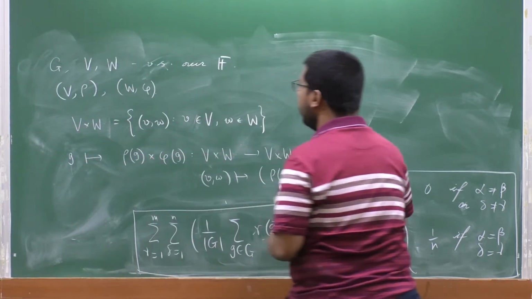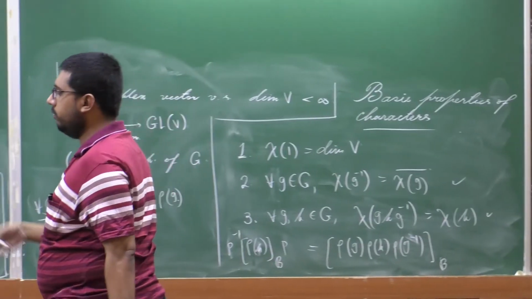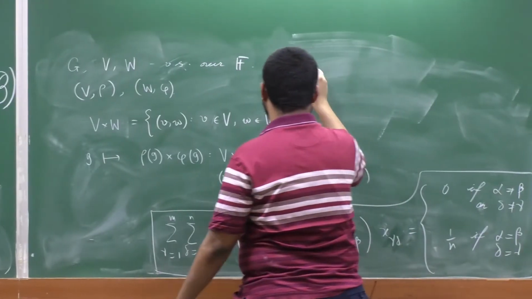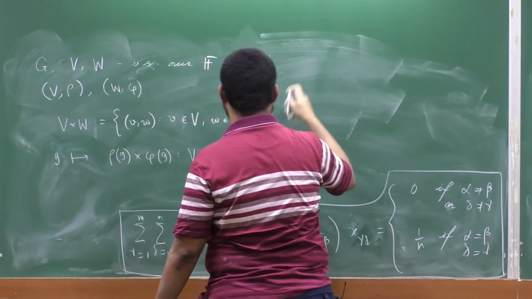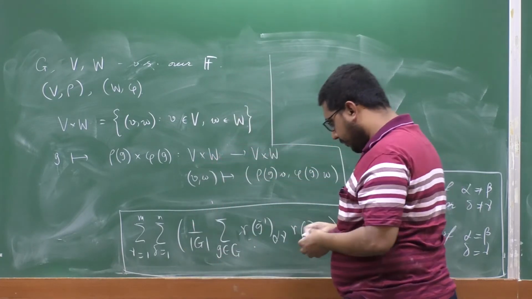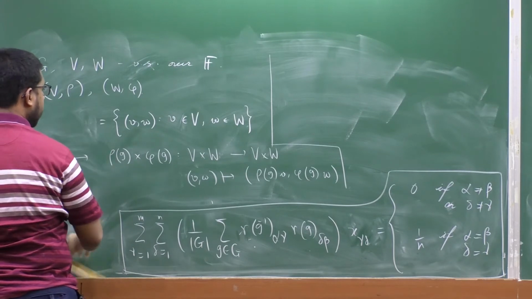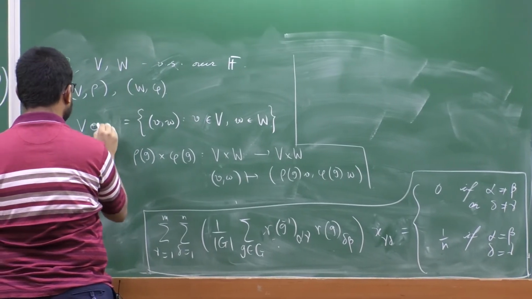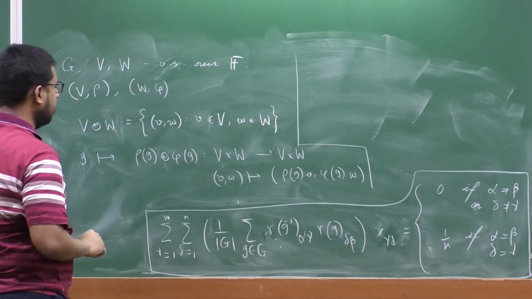And now assume that the group is finite and the vector spaces are complex, then of course we can simply ask about the character of this product. Well, so let me use the standard terminology. It is customary to denote this vector space by V direct sum W and denote this representation by this as well.